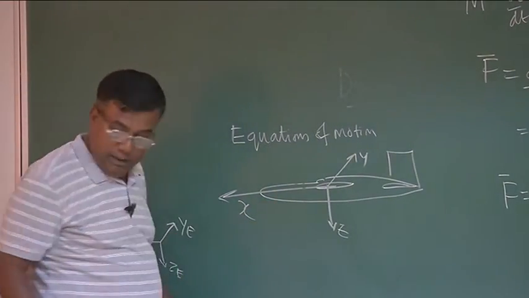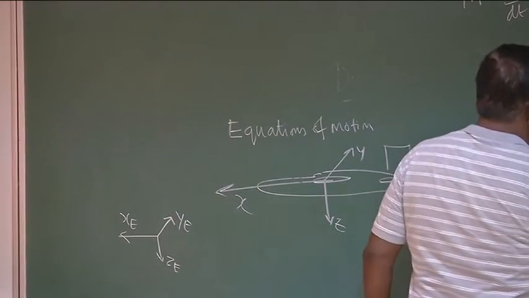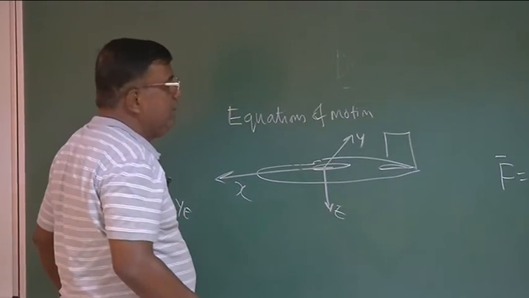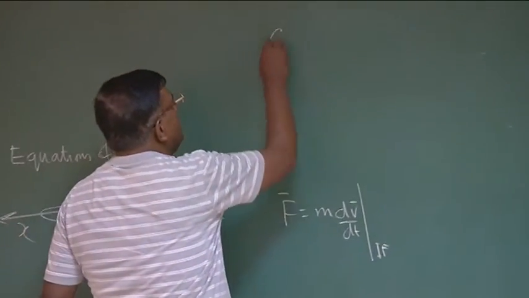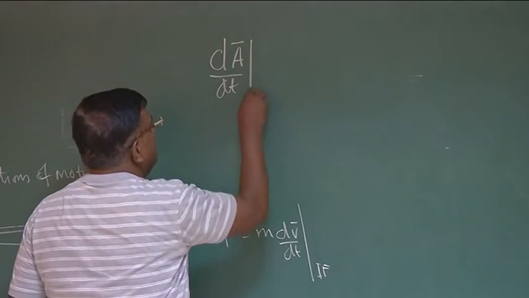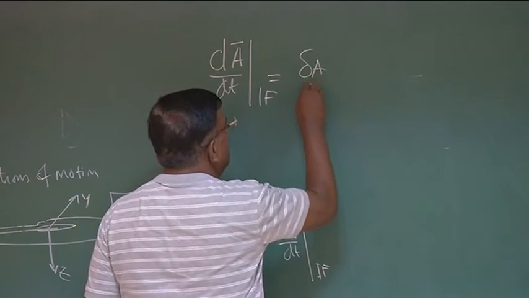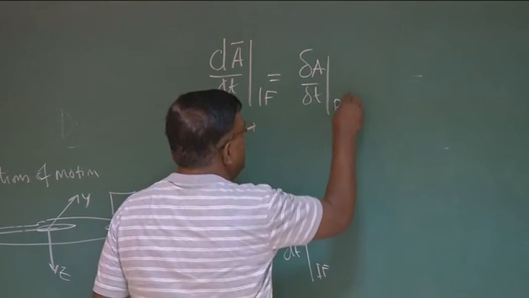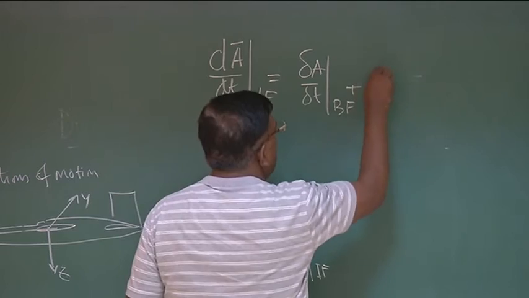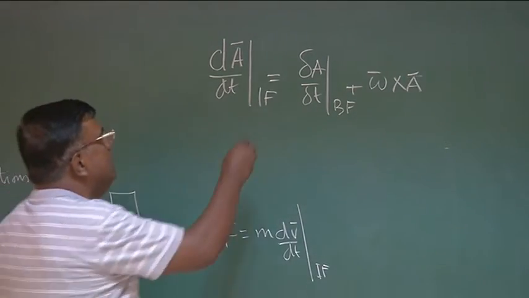So what is the trick? We said, after all, dv by dt is a vector differentiation. So we use this relationship: dA by dt in the inertial frame is dA by dt in the body frame plus omega cross A. Right?